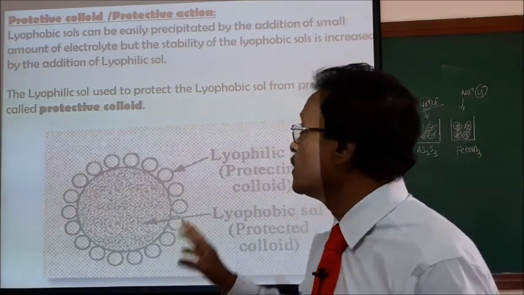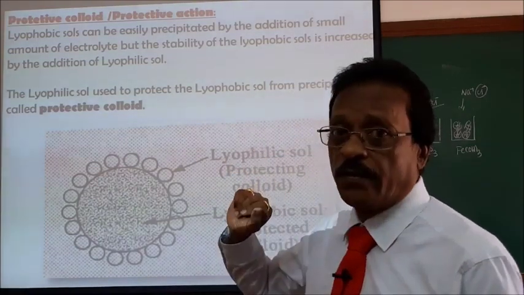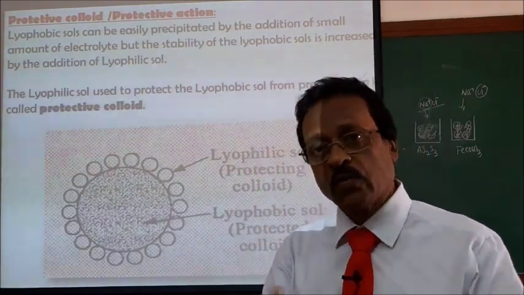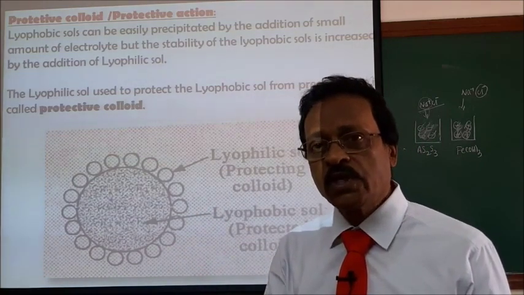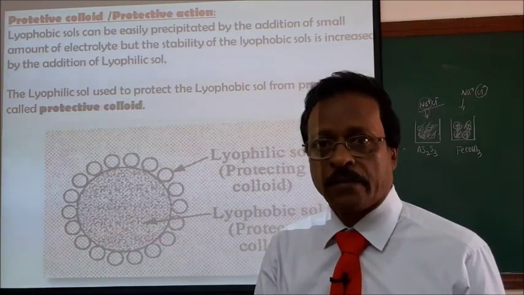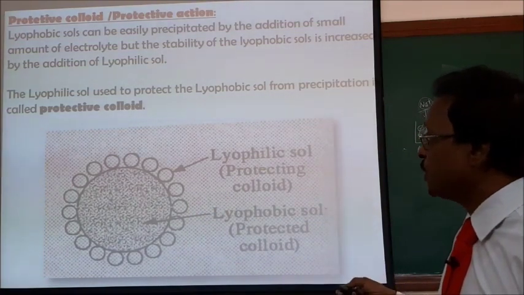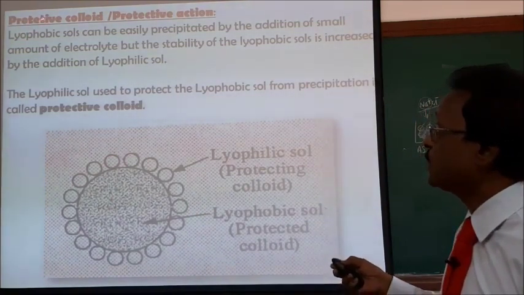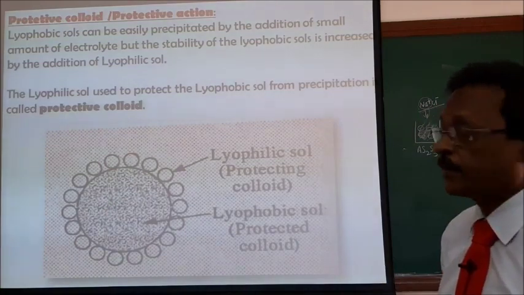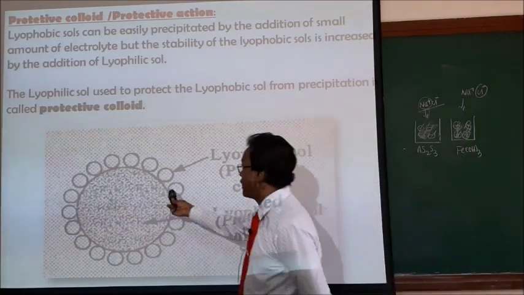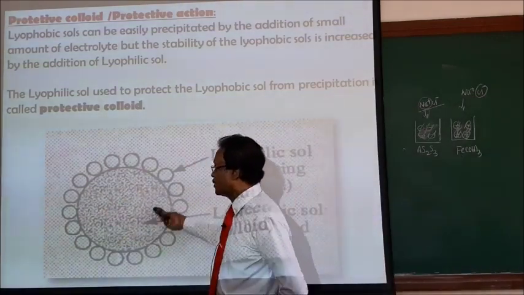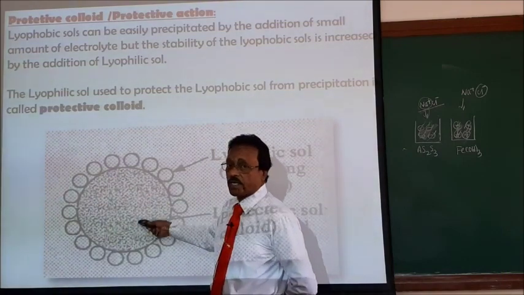My point is, lyophobic are less stable, and I want to make lyophobic also more stable by putting in some protective colloid. That is called the lyophilic colloid. So the lyophilic colloid that protects the lyophobic colloid, we call it the protective colloid. This is a lyophobic colloid, and it is less stable and can be easily coagulated.